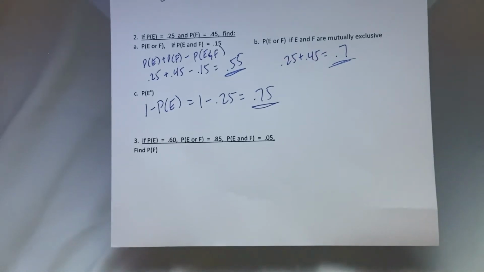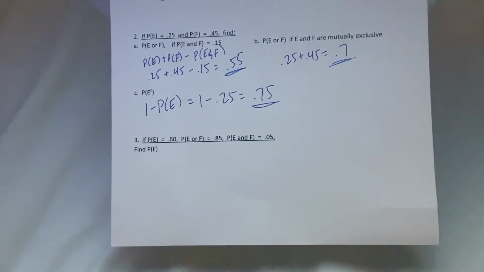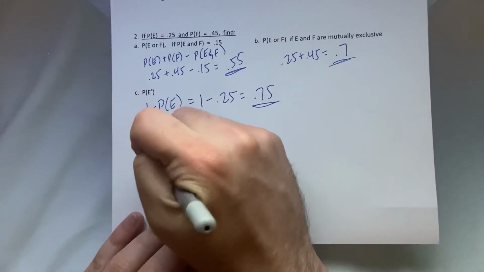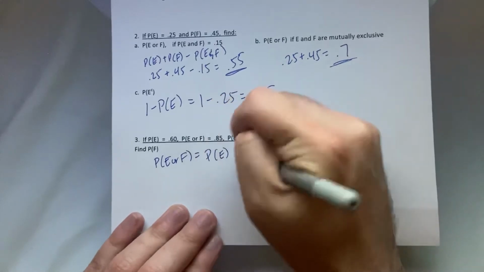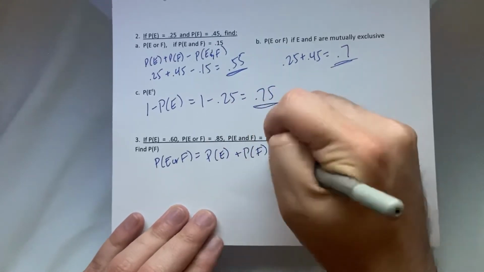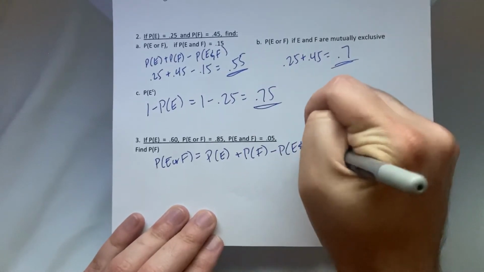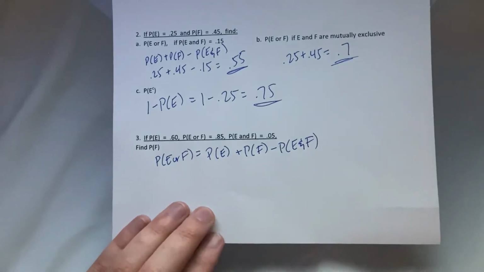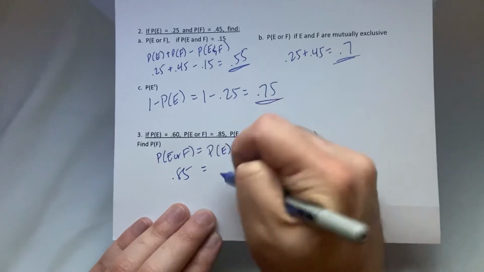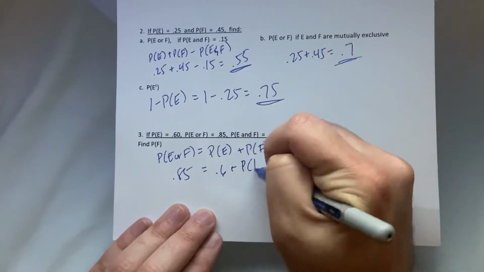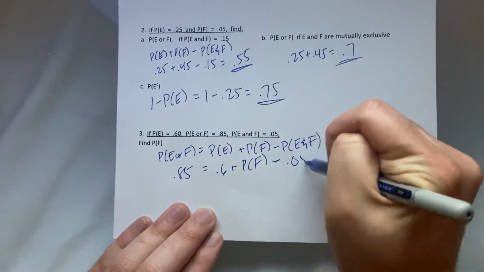This is the probability of E is 0.6, the probability of E or F is 0.85, and the probability of E and F is 0.05. Find the probability of F. So this is about the equation. The probability of E or F equals the probability of E plus the probability of F minus the probability of E and F. So generally speaking, 0.85 equals 0.6 plus the probability of F minus 0.05.